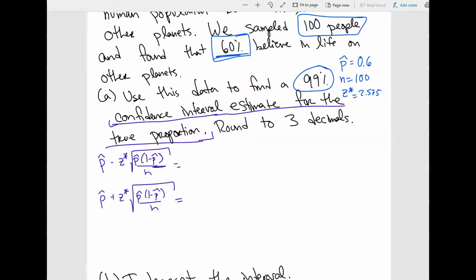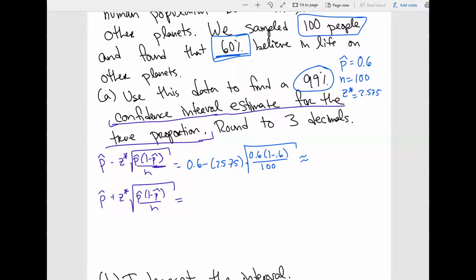Let's first start off by plugging into the formula. We're going to have 0.6 minus z star, in this case 2.575, times the square root of 0.6 times 1 minus 0.6, divided by n, which is 100. I think the hardest part about this problem is putting everything into the calculator correctly.